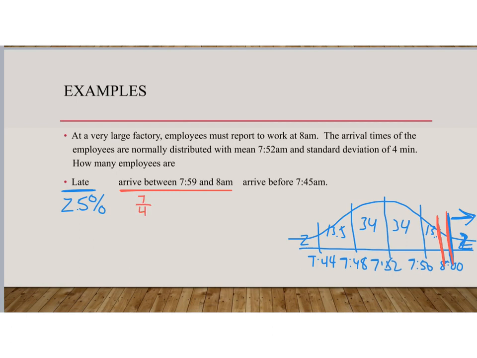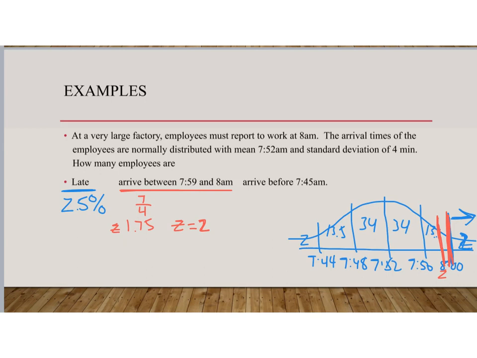Divided by 4 would be 1.75. That's the Z-score for that value right here. And then 8 a.m. is 2 standard deviations above the mean. That would have a Z-score of 2.